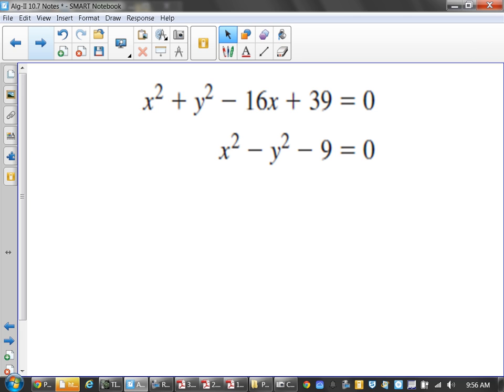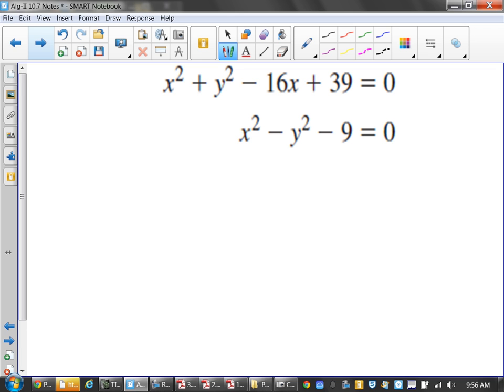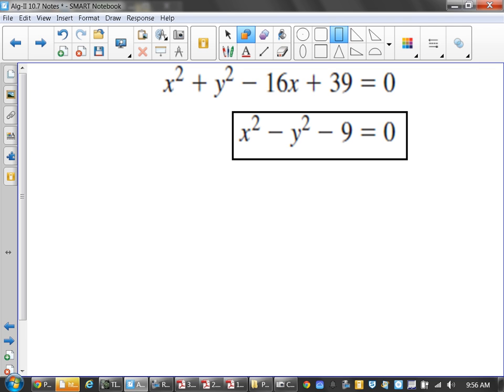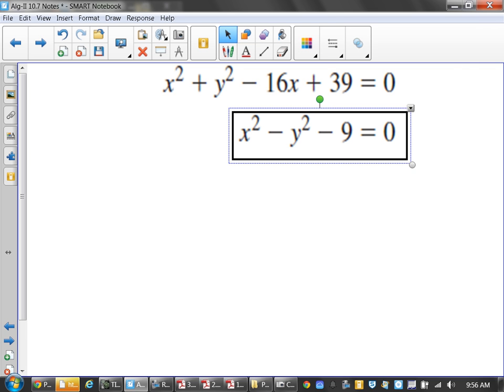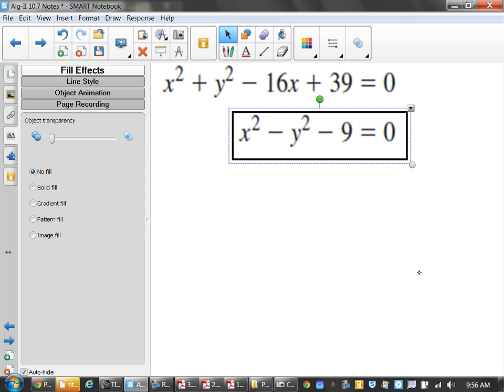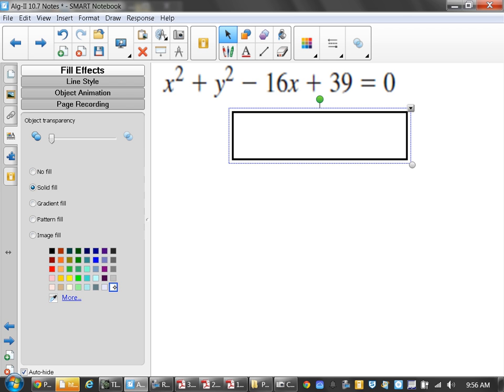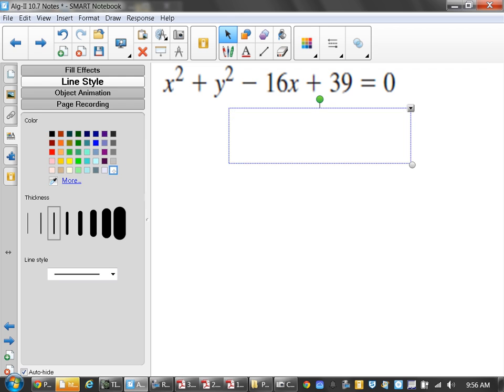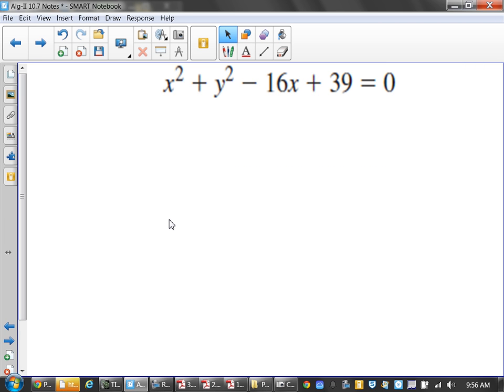So I'm going to subtract these 2 guys, or excuse me, I'm going to add them together. In adding these together, I'm going to rewrite this a little bit here. If I add, it was x squared minus y squared, and it was what, minus 9?